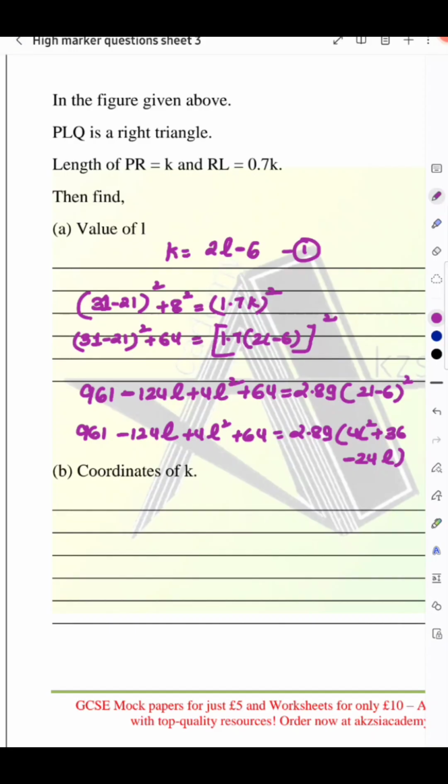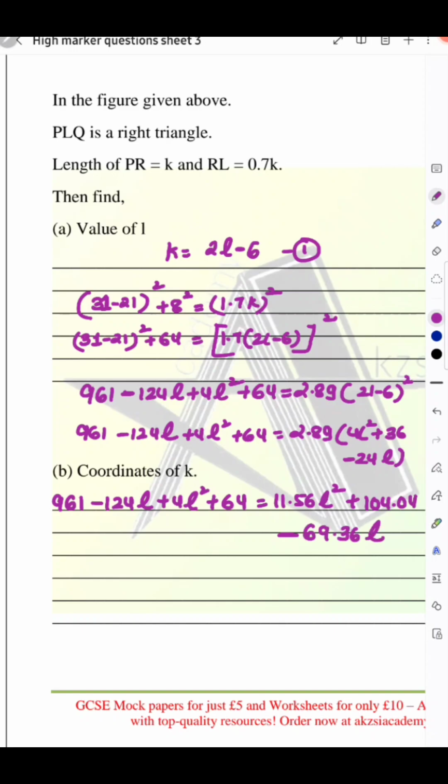And now finally expanding all of them, I can see it's going to give me a quadratic, and we'll get two different values for L. So that would be 961 minus 124L plus 4L squared plus 64 is equal to 11.56 L squared plus 2.89 multiplied by 36, which is 104.04, and then 2.89 times negative 24 will give me negative 69.36L.